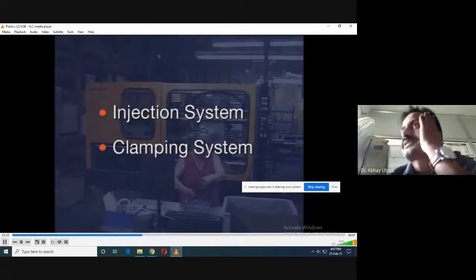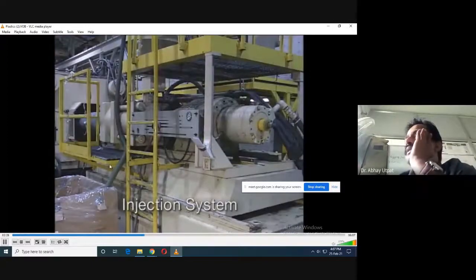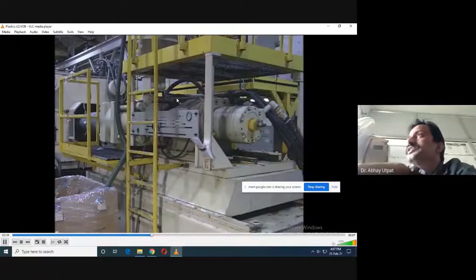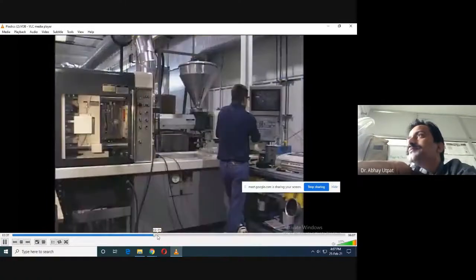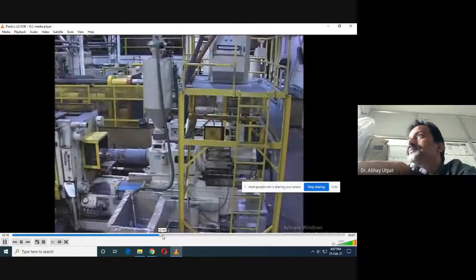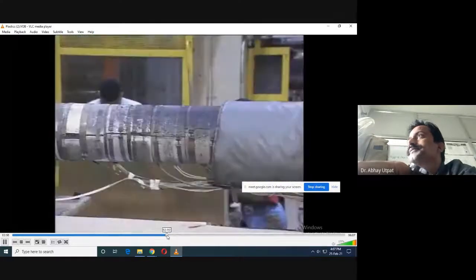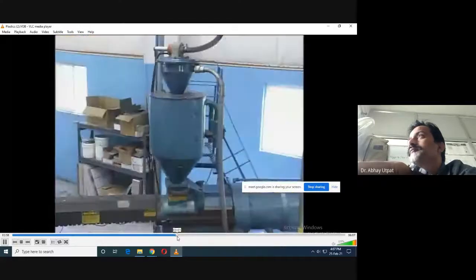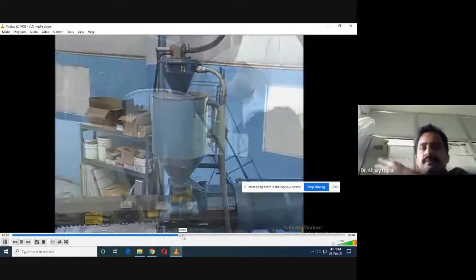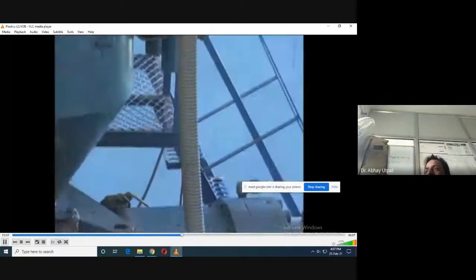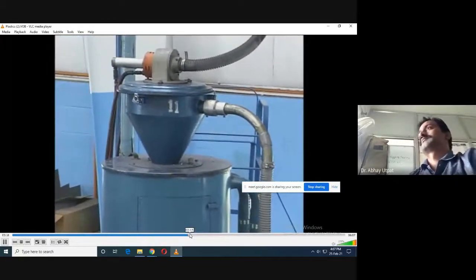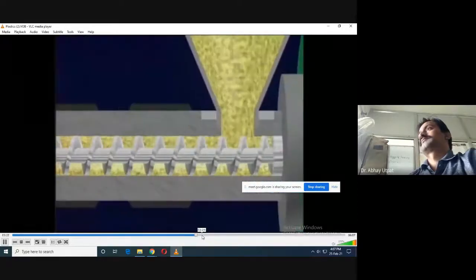Ejection system, clamping system, injection system. So this is forcing material. This was shown by me to you.